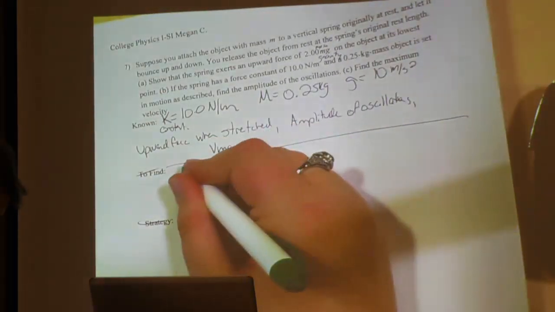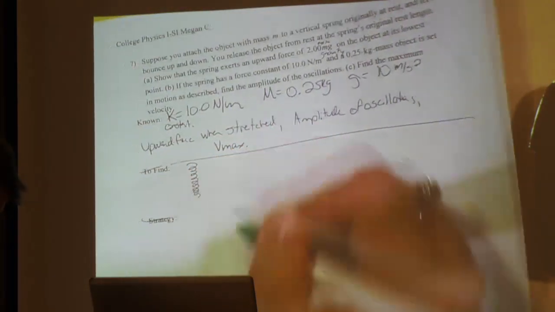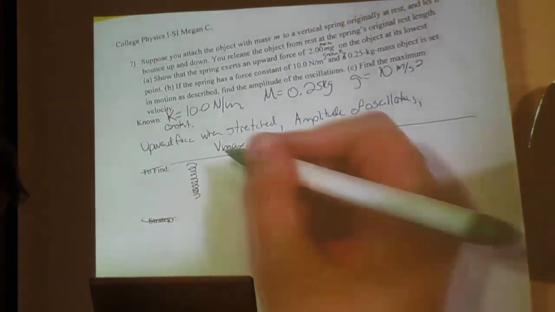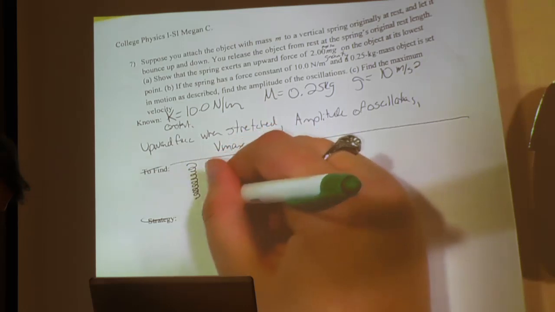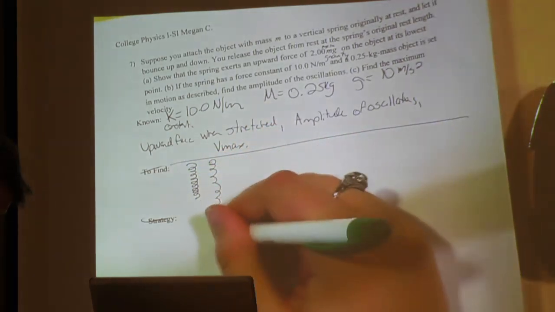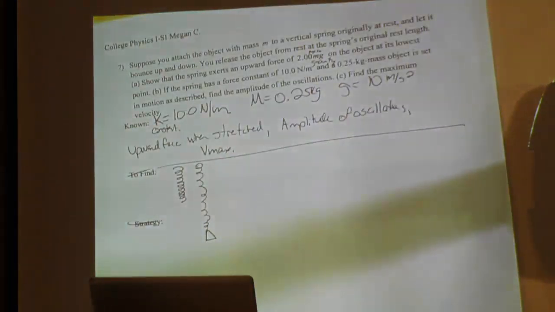We're going to draw a picture. If the spring is at rest, it's just going to be doing its thing. It's not very exciting. Then we have added a weight, which is going to stretch out the spring. It's going to be way down here. And then if we were to pull that way down and then let it go, it's going to come shooting up, scrunch back up again, and then start bouncing back down again.